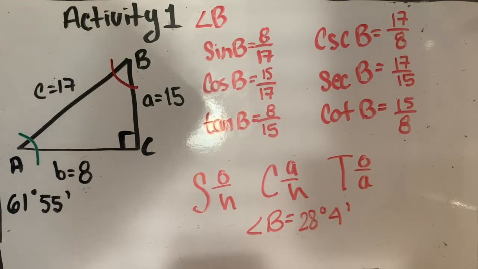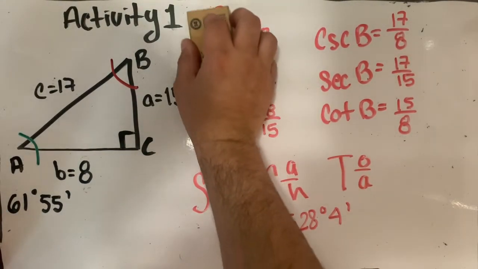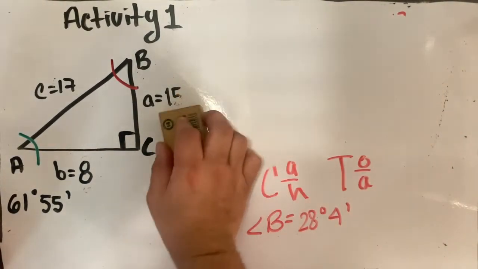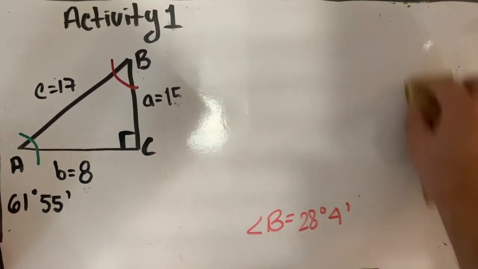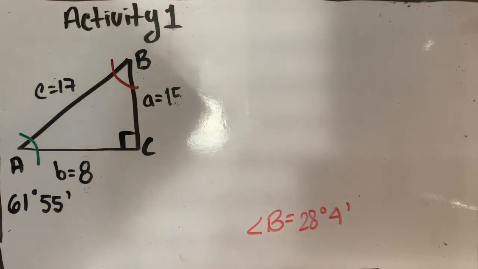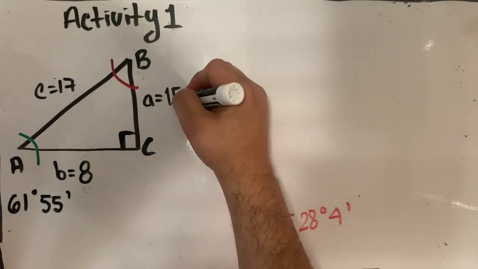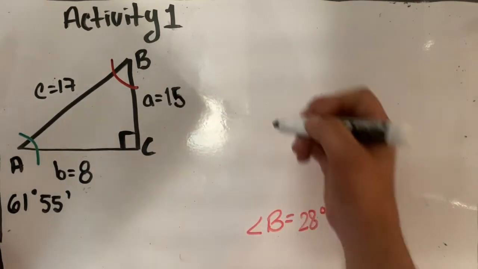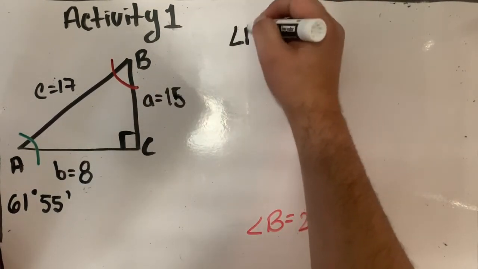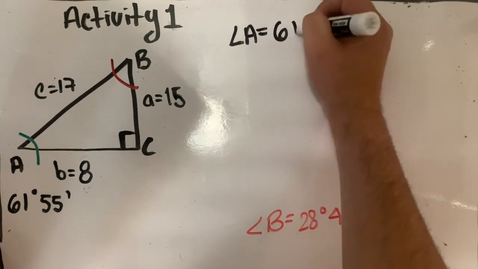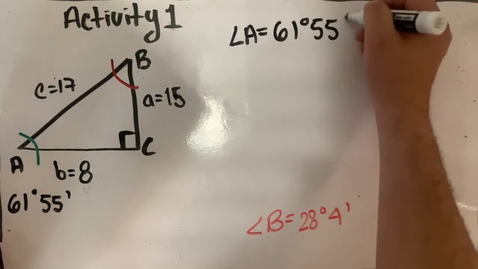Okay? So finally, to finish this activity, I'm going to sum up all the angles in order that the answer is correct. Okay, so I know that the angle A is equal to 61 degrees with 55 minutes.